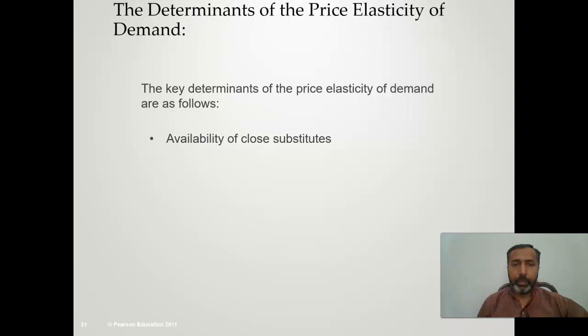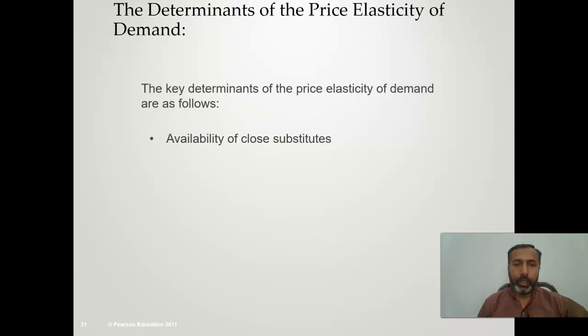And if the price of a product which does not have many substitutes increases, people don't have any other option, they will still buy the same product, and we say that particular product does not have many substitutes, therefore the response of demand to a change in the price of that product will not be significant.